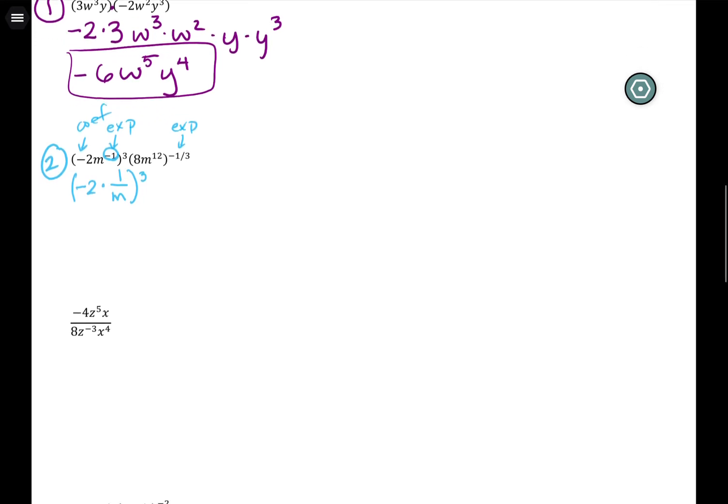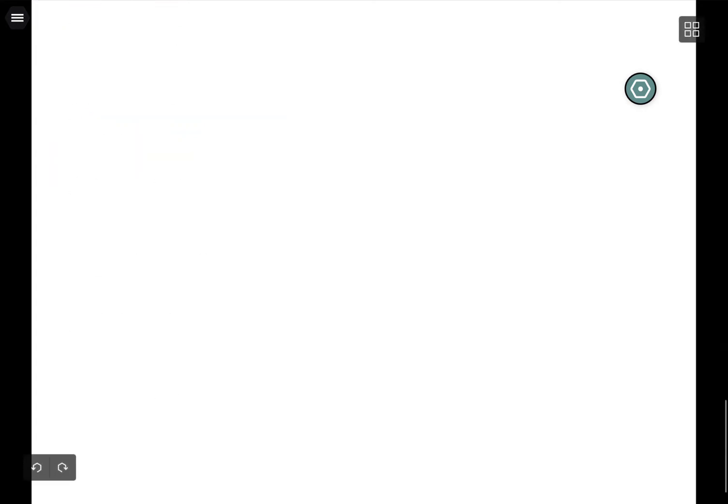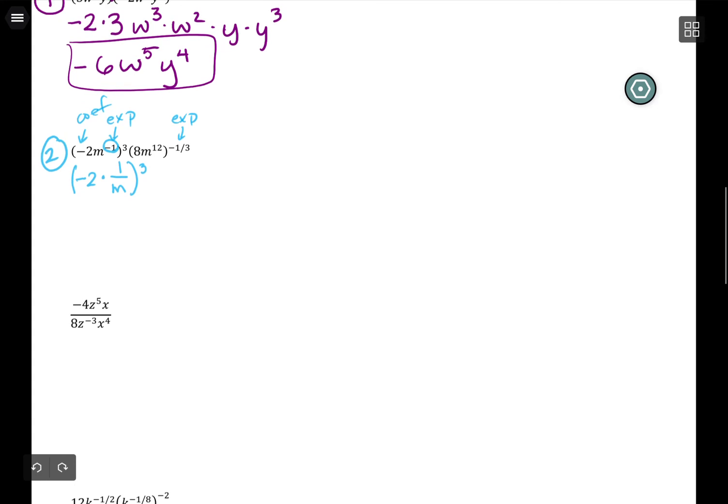Okay, for the second set of parentheses, I have forced the -1/3 to attach to that entire chunk, 8m to the 12th. If there weren't parentheses, that wouldn't be true, but there are. Whoa, sorry. Hopefully I didn't make anyone motion sick. That was a wild one.